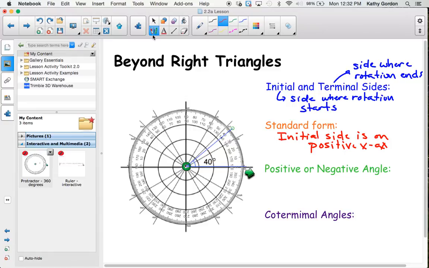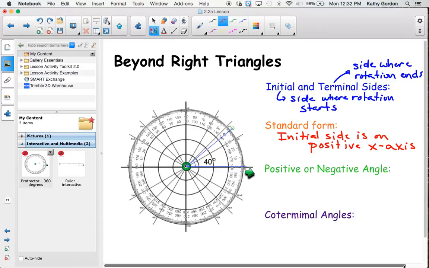Ooh, that was bad. Try that again. There we go. Standard form means the initial side of your angle is always going to be on the positive x-axis.